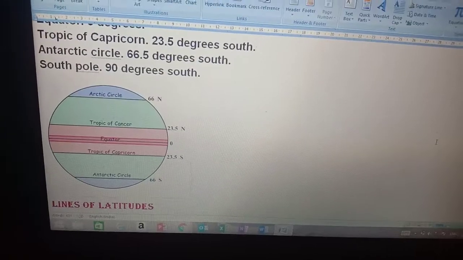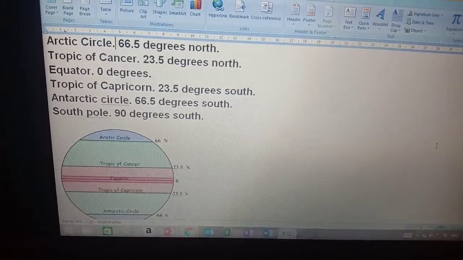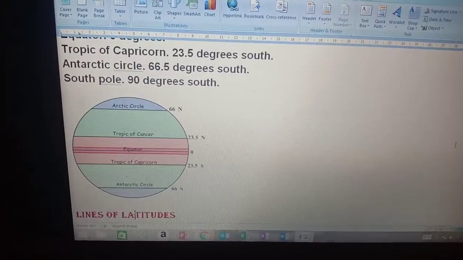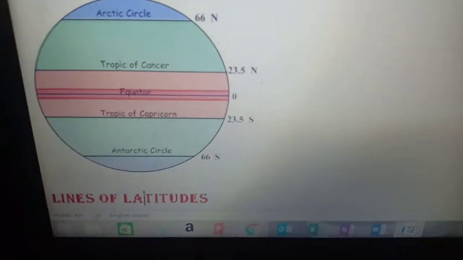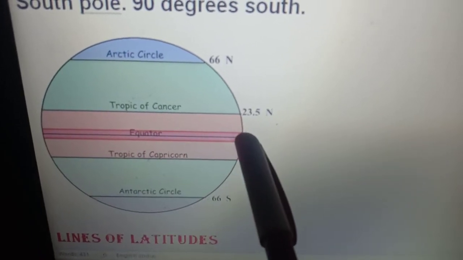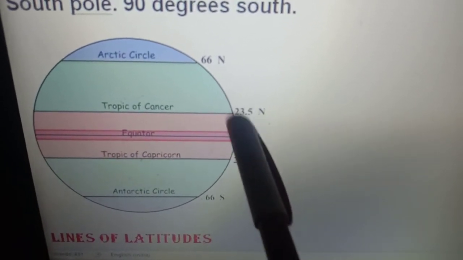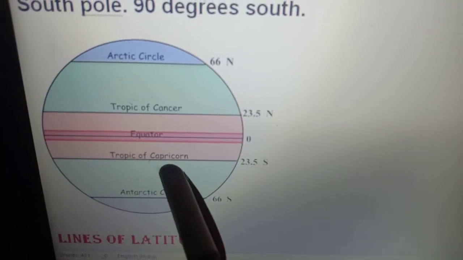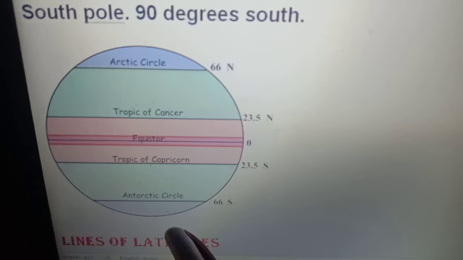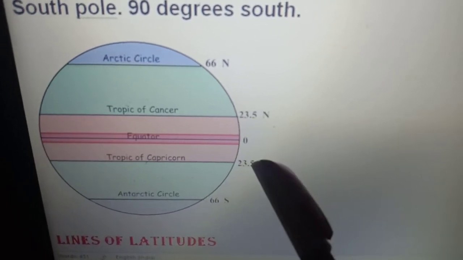Now the main latitudinal lines, I'll tell you. You can see this figure here. First one is the equator, which is at 0 degree. Then Tropic of Cancer, Tropic of Capricorn, Arctic Circle, Antarctic Circle, North Pole and South Pole. Equator is at 0 degree.